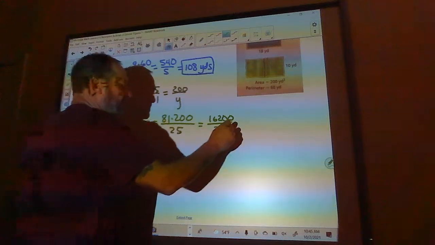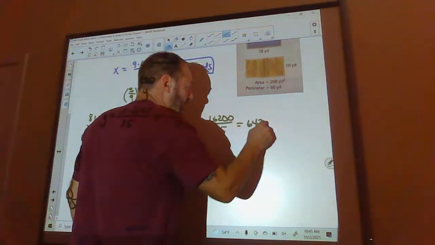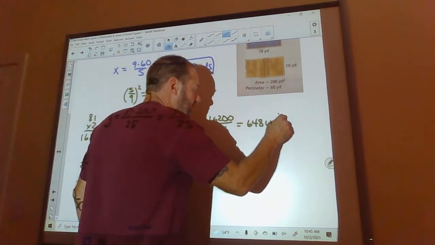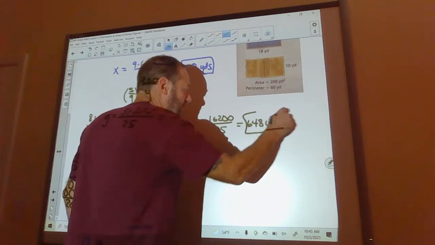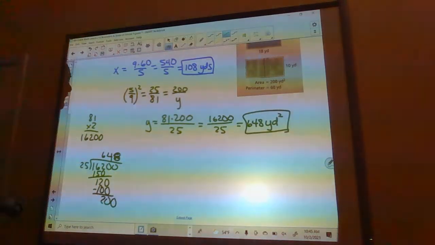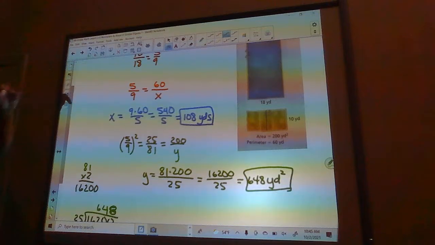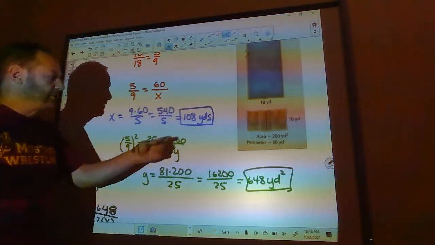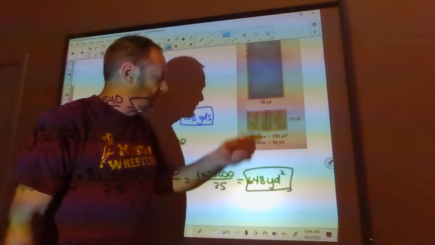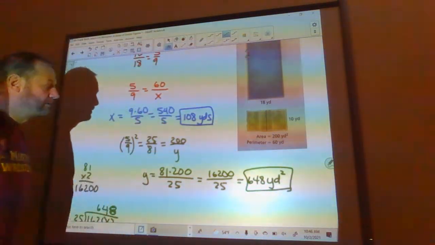So this comes out to be 648 square yards. Okay, so there you go. Make sure you get your units right: perimeters in yards, areas in square yards.